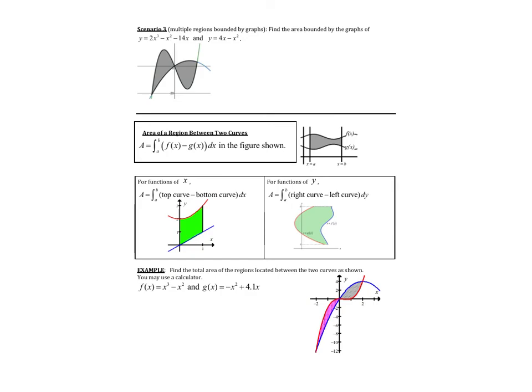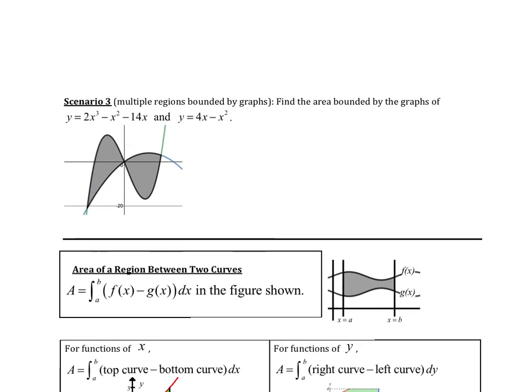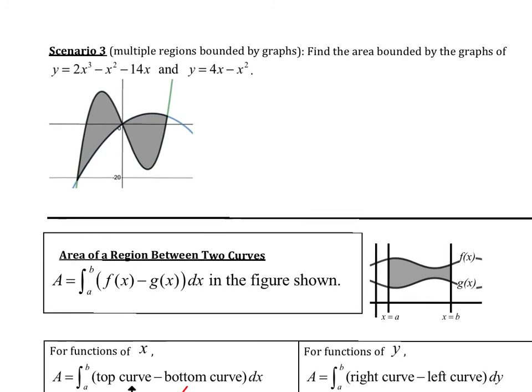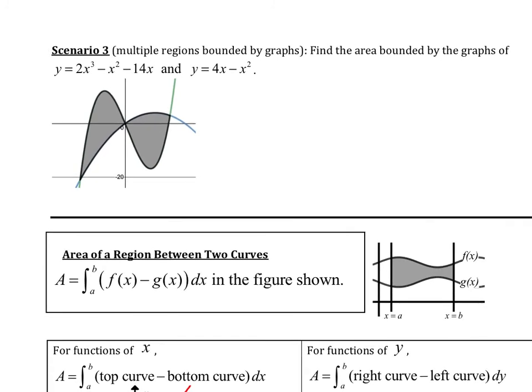Okay, so we are going to look at this last scenario, when there are multiple regions bounded by the graph. Unfortunately, this one traced black, so you can't see the two colors. There are green.